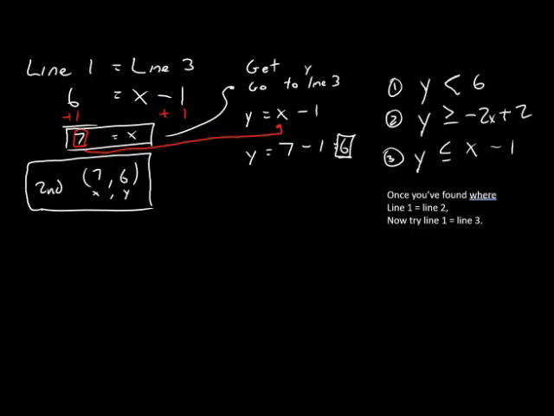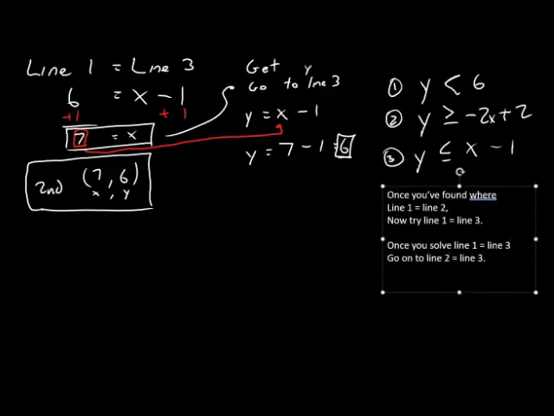Now we repeat the process one more time, this time taking line 2 and line 3. Once again, we will find x first and then y second. We'll start by saying line 2 equals line 3 and placing the expressions.